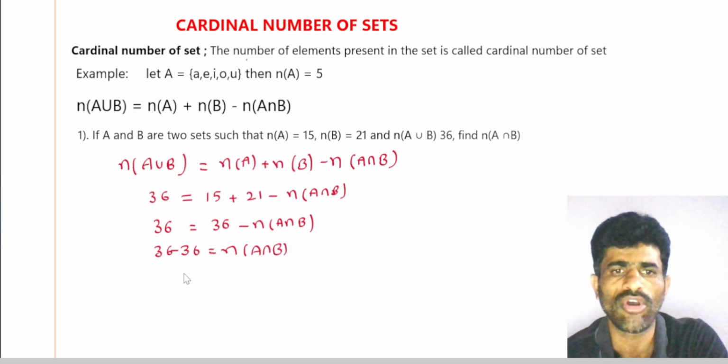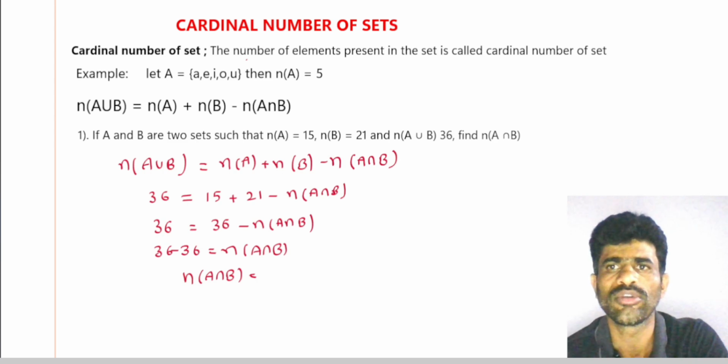So we got n(A intersection B) is equal to 36 minus 36, which is 0.